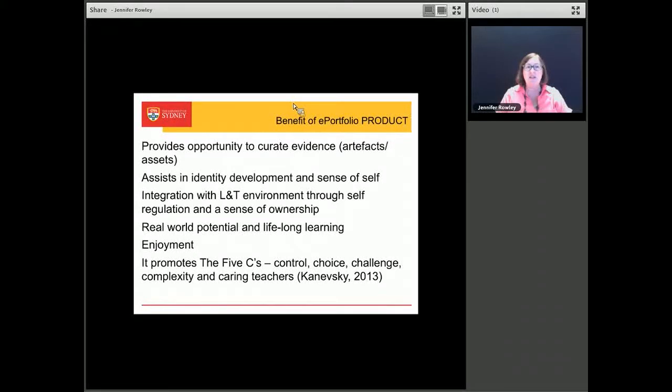And I think that kind of self-regulation gives them a sense of ownership, and it's really nice to see them integrating with the learning and teaching environment this way. As I said before, I think that there is real-world potential and lifelong learning in building this product and actually building this portfolio.